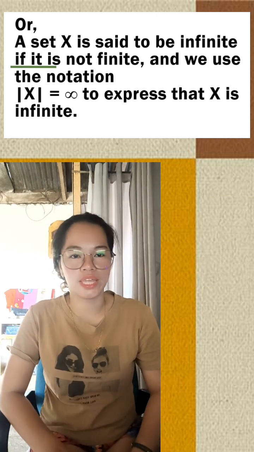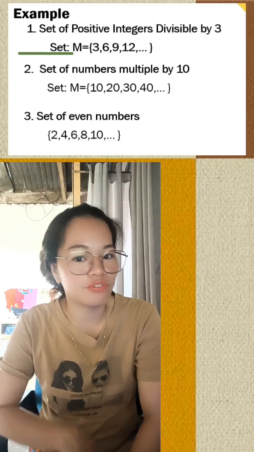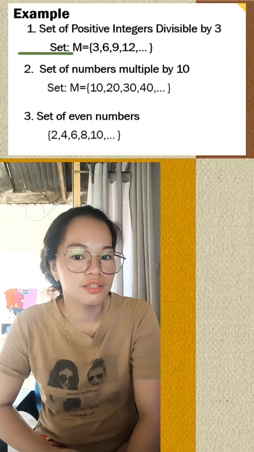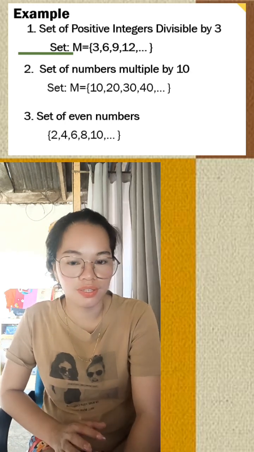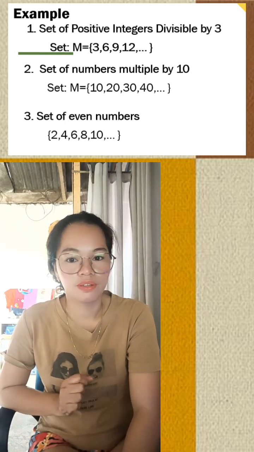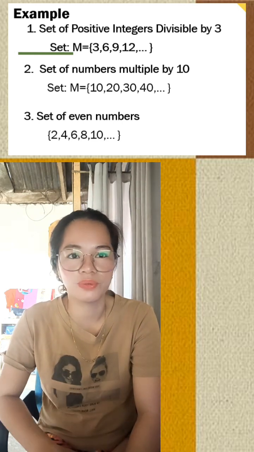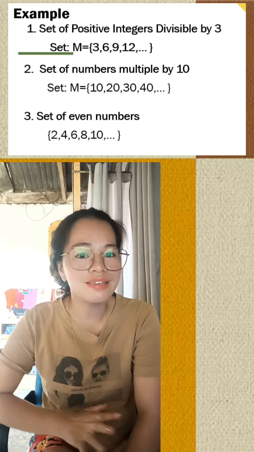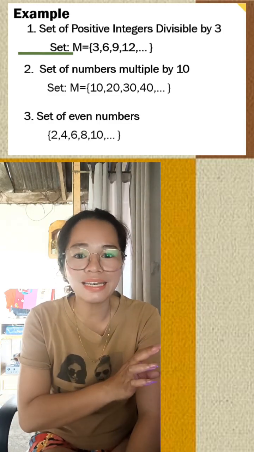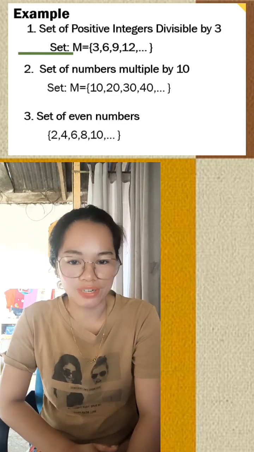For example, the set of positive integers divisible by 3. Can we list all the numbers that are divisible by 3? No, we can't list them all, since there's 3, 6, 9, 12 until infinity. So that's an infinite set.